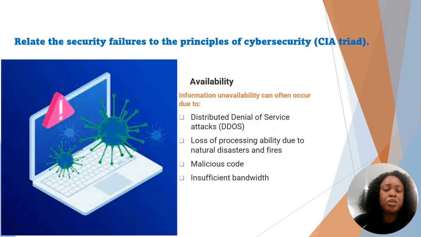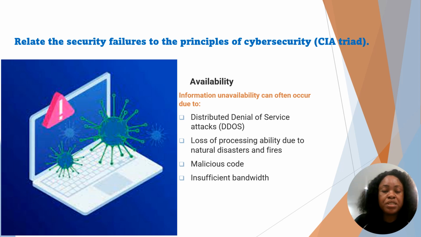And also, I'm going to be talking about availability, in terms of how you can relate the security failure to the principle of cybersecurity. Information unavailability can often occur due to a distributed denial of service attack, which is DDoS.